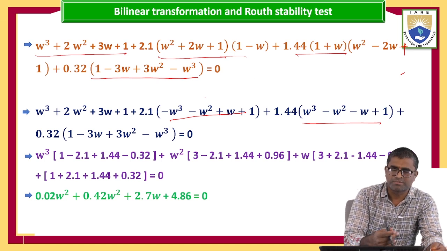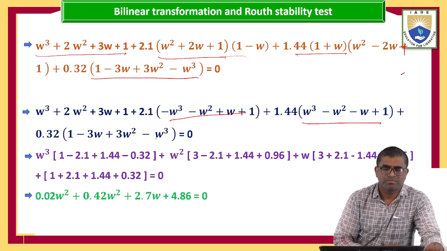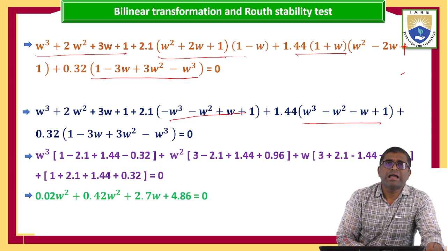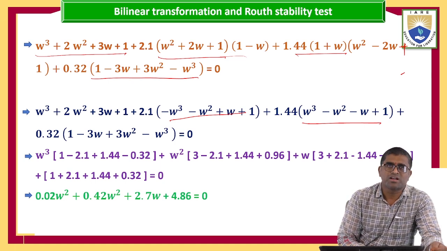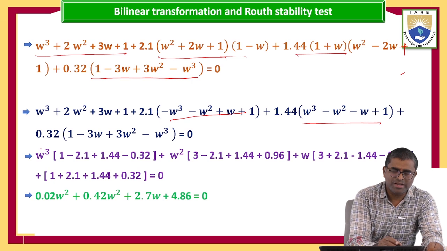Coming to the next term, 0.32 this one. After that, I am taking the order-wise common. That is, omega cube is common.